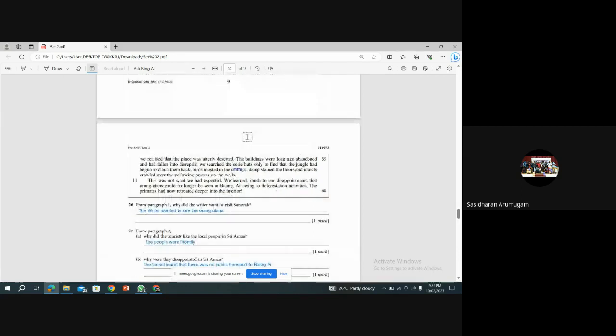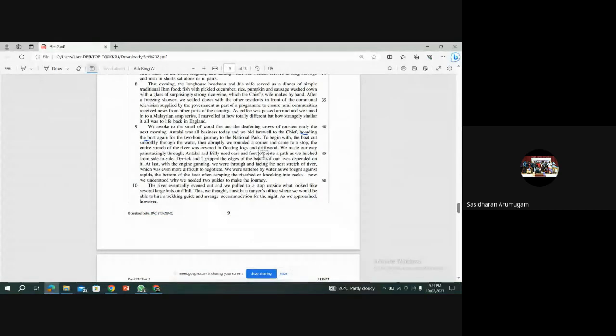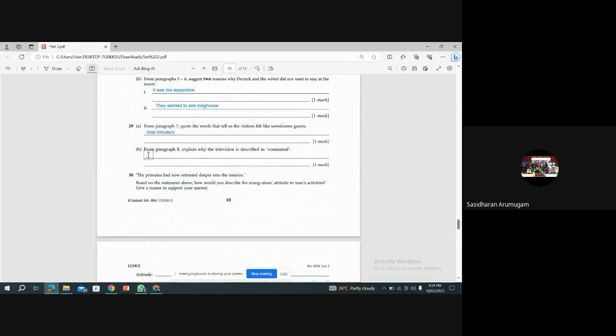It's because they said that from the freezing shower, we settle down with the other residents in front of the communal television supplied by the government as part of a program to ensure rural communities received news from other parts of the country. That means they are sharing the television. Okay, shared by all the people. Okay.